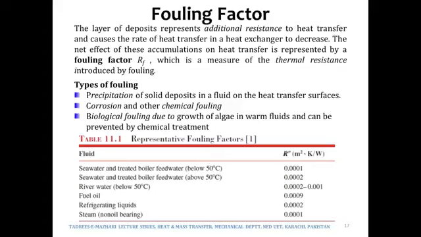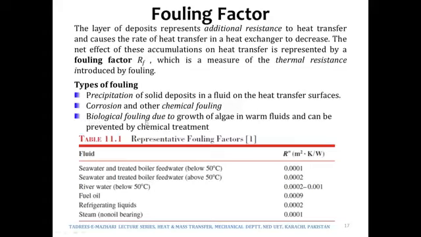Or if gases are passing through any tube, for example in a fire-tube boiler, the hot gases pass through the tubes. That will result in soot inside those tubes, and that soot needs to be cleaned over time. It may be due to corrosion, of course. We all know what corrosion is, and there is other chemical fouling.